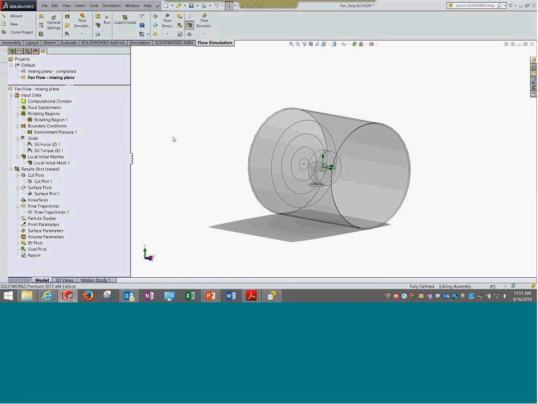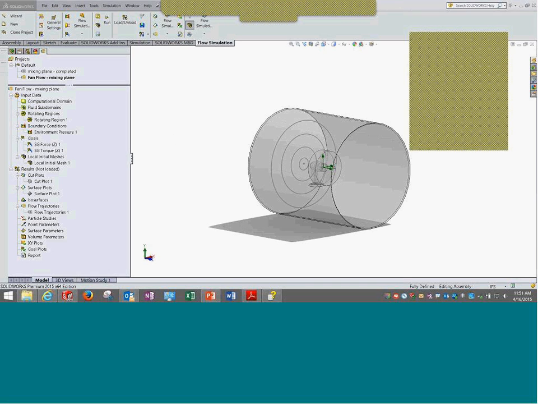Yes. I think there are a few questions. Let me quickly check those questions. Is it possible to see flow of magnetism? I don't understand this. As you are talking about electromagnetics, no, in FlowSimulation we cannot simulate electromagnetics. There is a product by the name ElectWorks which does that.